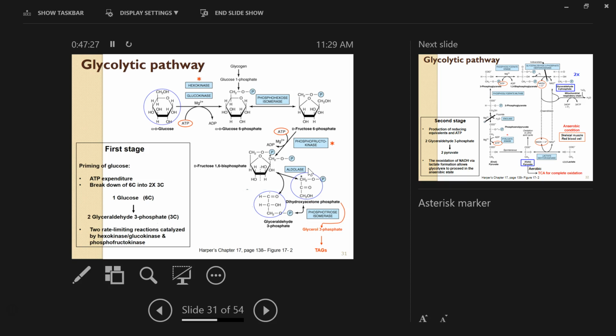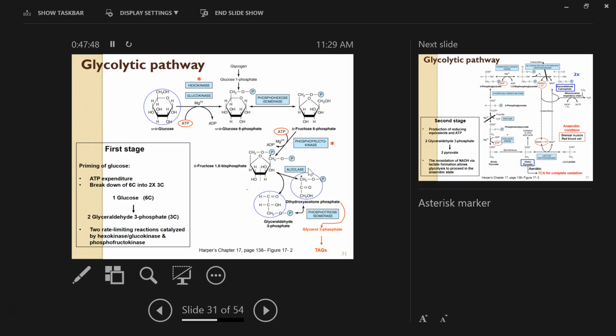And the second key reaction is catalyzed by phosphofructokinase, which catalyzes the conversion of fructose 6-phosphate to fructose 1,6-bisphosphate.